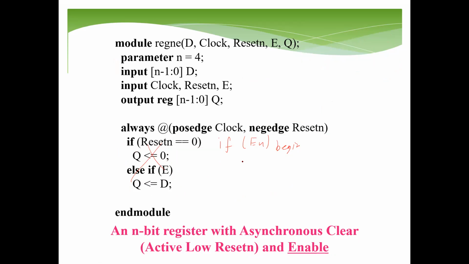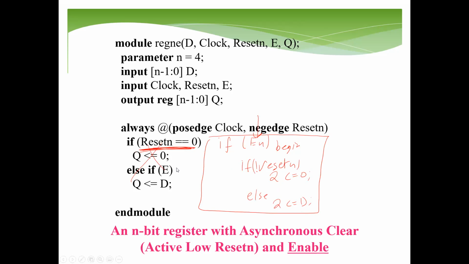Now inside here I will check if not reset n, Q takes on 0, else Q will take on D. Okay, now in this code, everything depends on enable. In the previous code, no. There, reset has a higher priority than the enable signal.